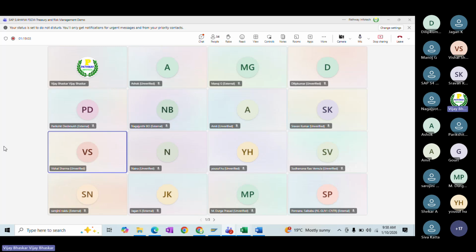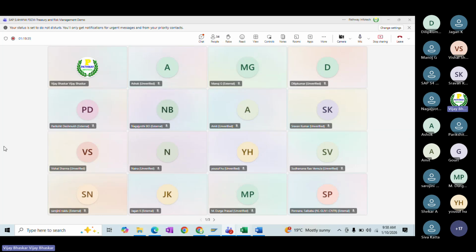To answer your question, to be frank, with the majority of clients you will see FI and CO, because without the FI process no organization can complete or showcase their financial statements. But we may not see every client implementing the FSCM concept.